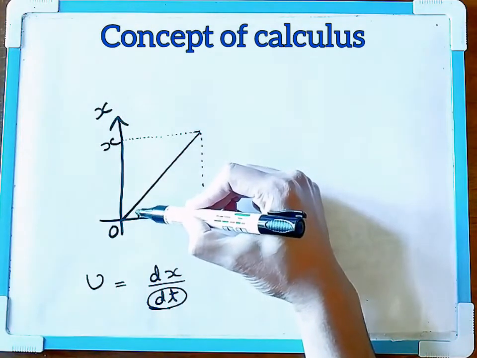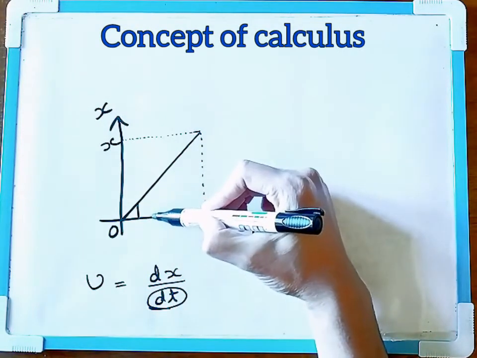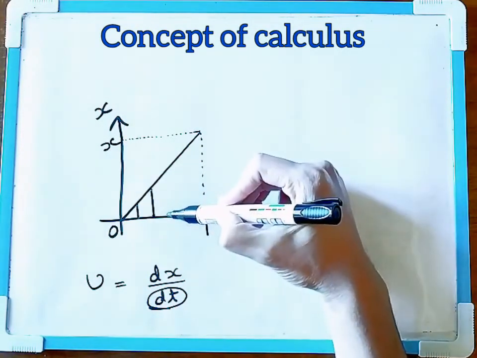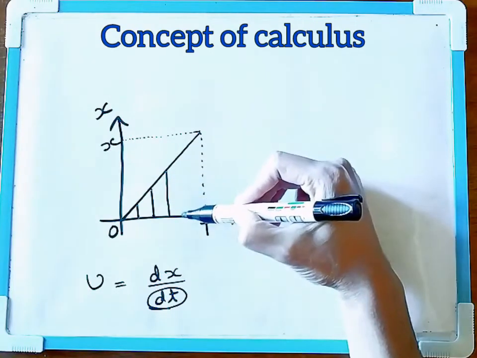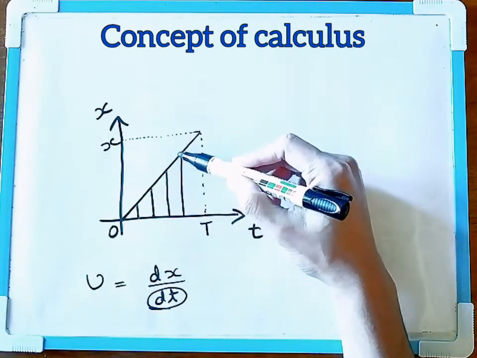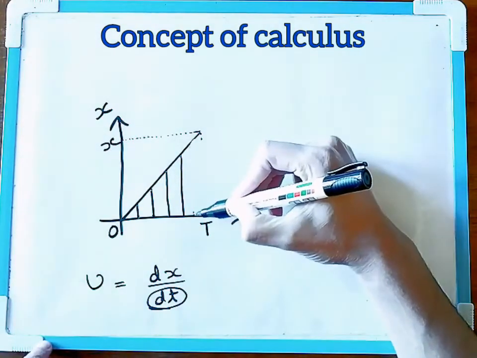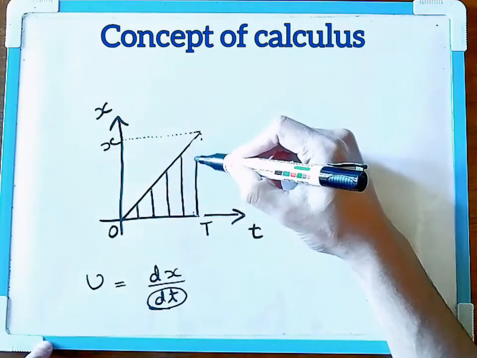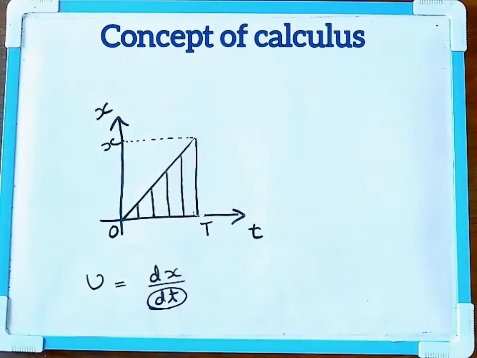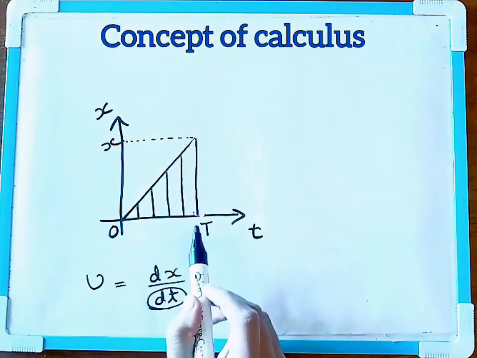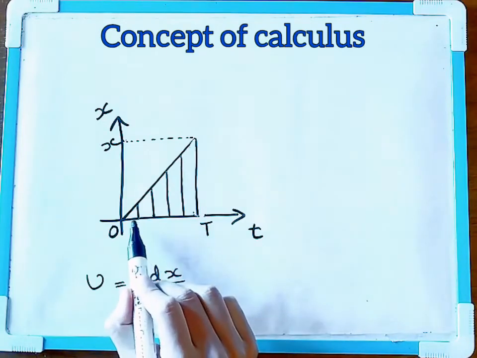So you divide this into very small equal parts. We divide the time interval from 0 to t into small intervals.